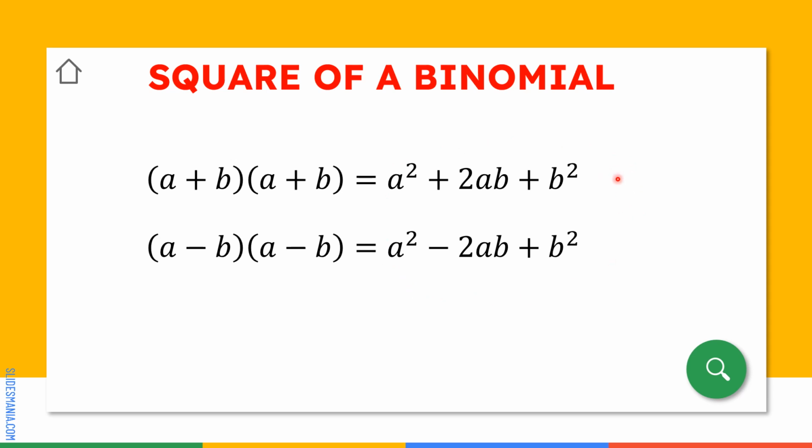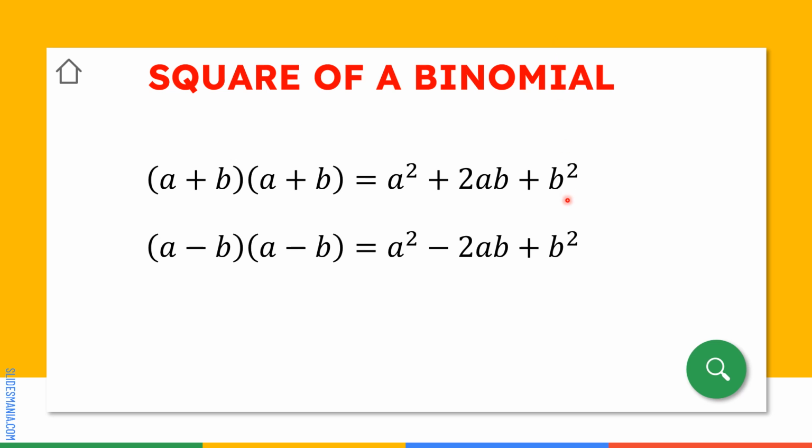The first term of the product is always the square of the first term in the binomial. So we always square a, and then the second term of the product is always twice the product of the two terms in the binomial. So to get the middle term, you always multiply a and b and then double it.